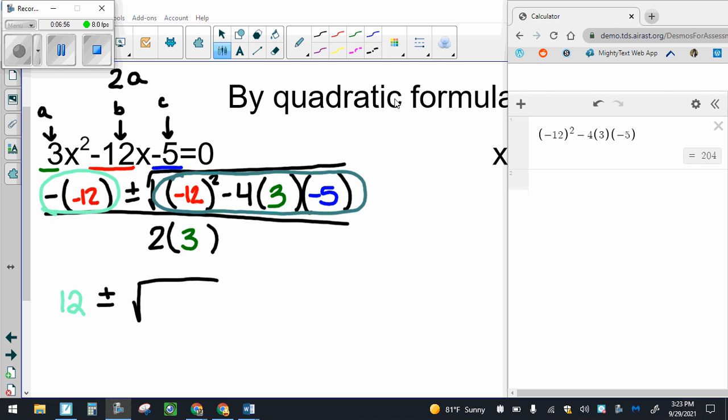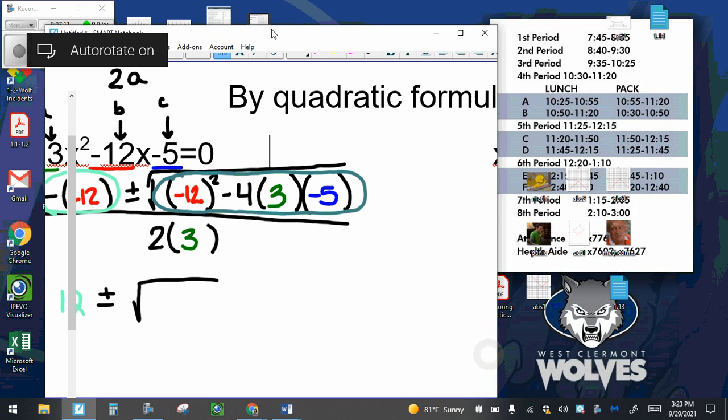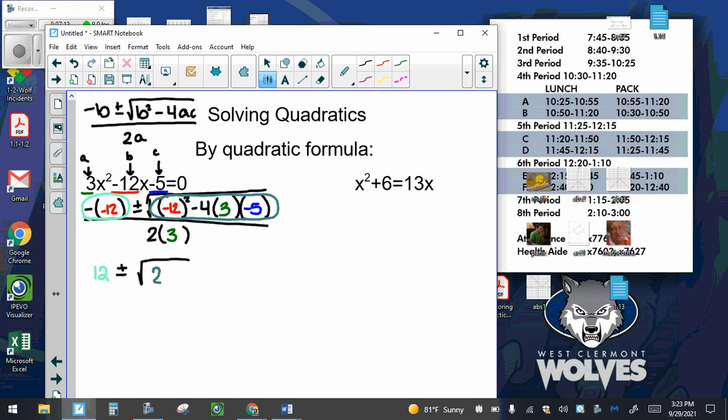So over here in the corner, I've got what you're typing into a calculator, seriously, exactly like this, and I get 204. So here's my 204. And then over, I guess you could do this next bit in a calculator, but 2 times 3 is just 6.